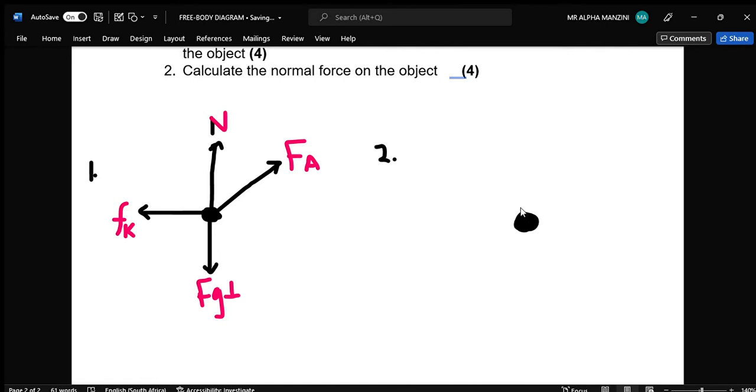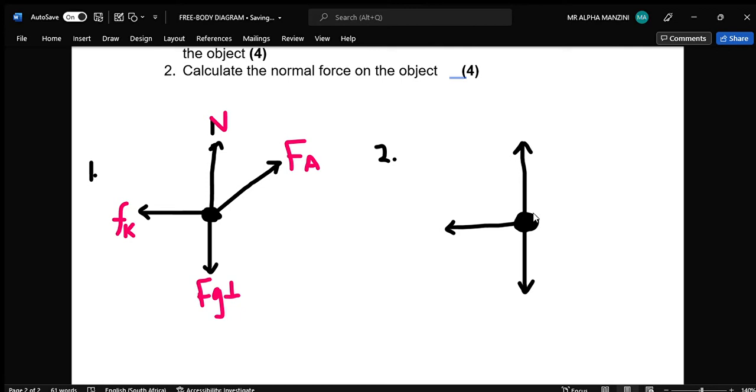Since we have this force going upwards, we call it the normal force. We have this force going down, we call it G, or weight. We have this force going this way, we call it Fk.